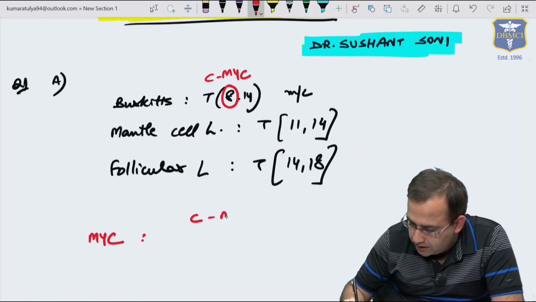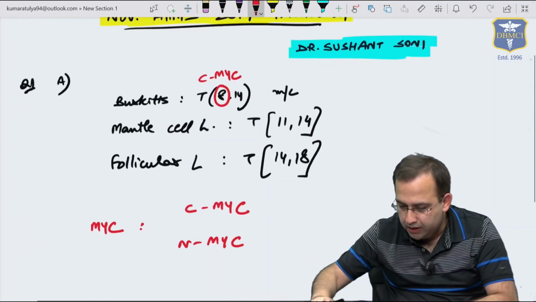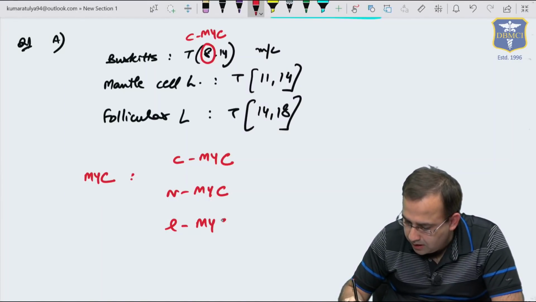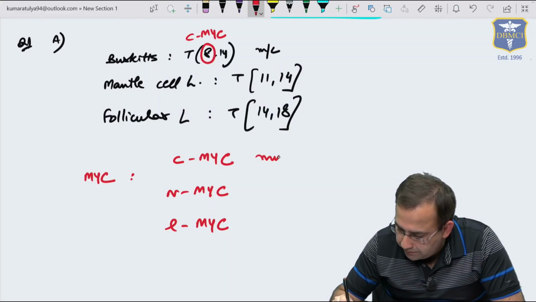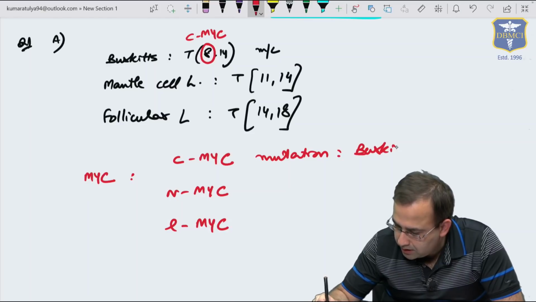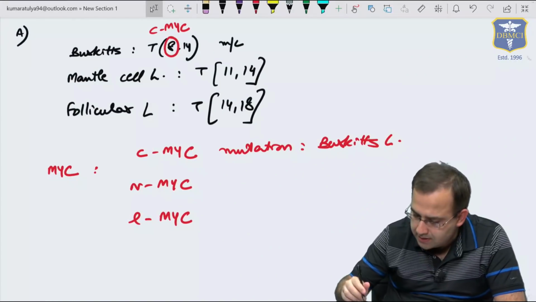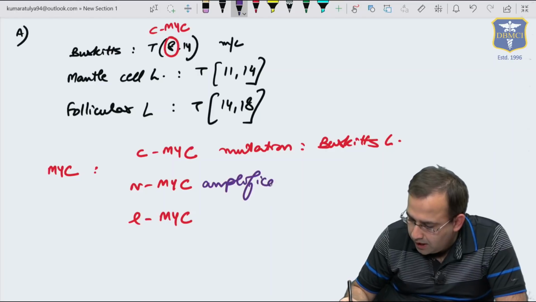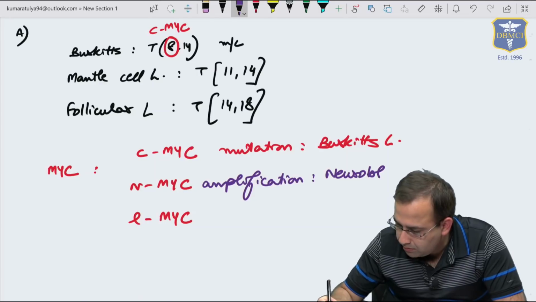MYC is of 3 types: c-MYC, n-MYC and l-MYC. c-MYC mutation is associated with Burkitt's lymphoma. n-MYC is an amplification; n-MYC amplification is associated with neuroblastoma.